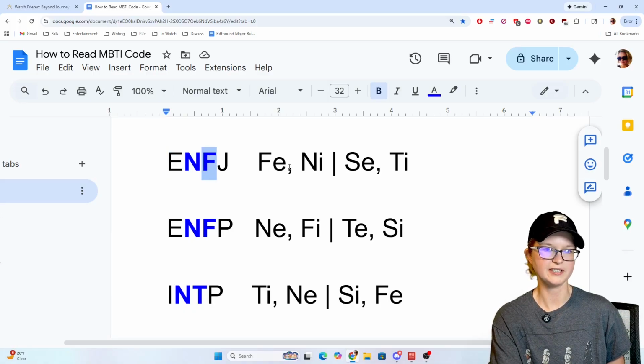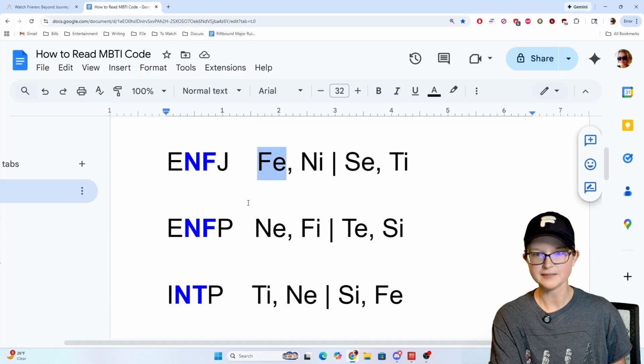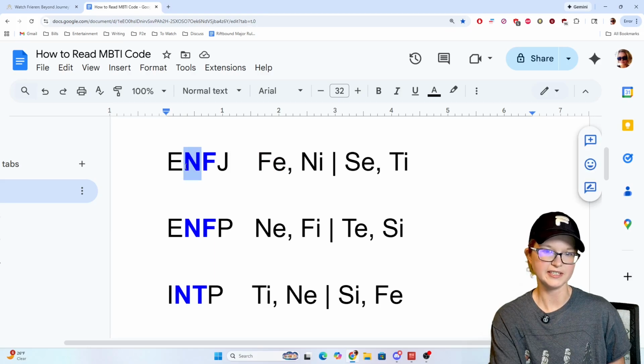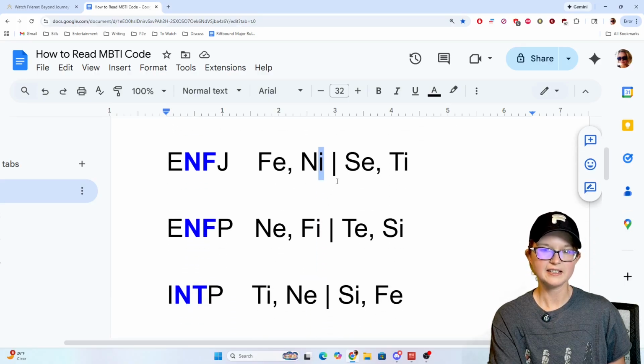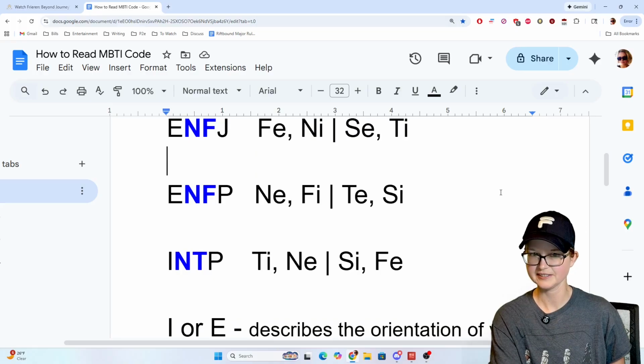So this is their dominant function, which translates into FE, meaning by process of elimination, their auxiliary or second function is intuition, and it's introverted. Because it's always extroversion, introversion, extroversion, introversion. Or if you're an introverted type, it's going to be introversion, extroversion, introversion, extroversion. And from the mirroring effect, the opposite of NI is SE. The opposite of extroverted feeling is introverted thinking, seeking balance.